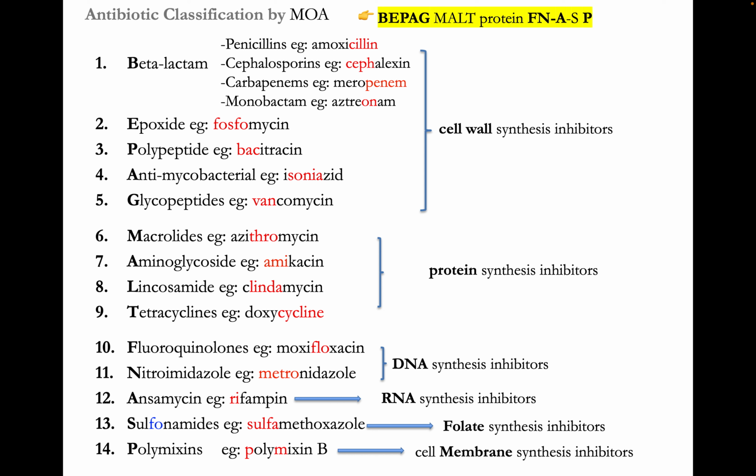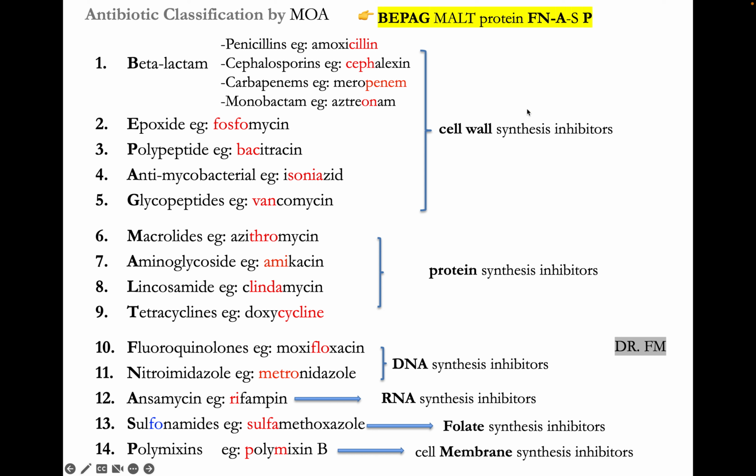So here you go, BPAG malprotein FNASP. But one more tip I will use, because the last part, FNASP, is a little confusing for me. Why? Because BPAG is easy. The first five classes, cell wall synthesis inhibition, malt protein synthesis inhibition, that is very clear.